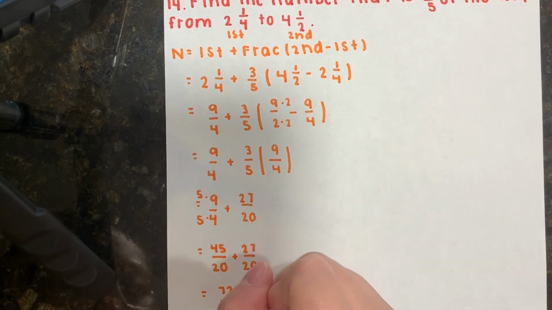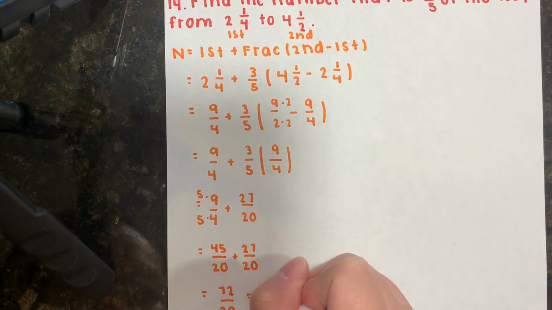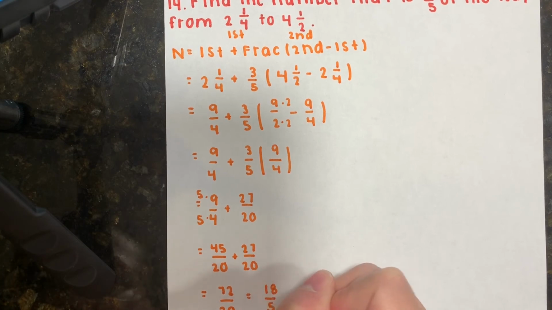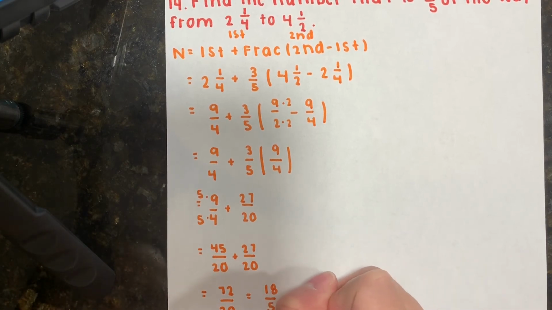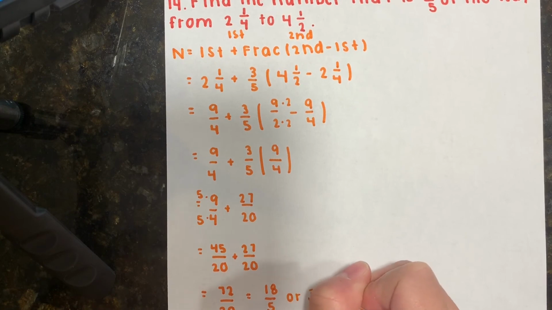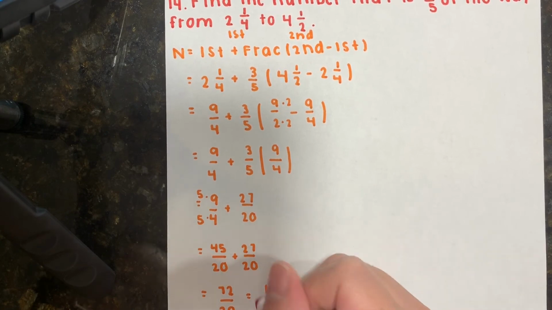So this would be equal to 18/5, or written as a mixed number would be 3 3/5.